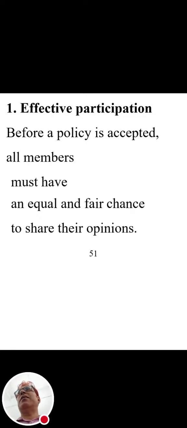Before a policy is accepted, all members must have an equal and fair chance to share their opinions. All members must have an equal and fair chance to share their opinions.